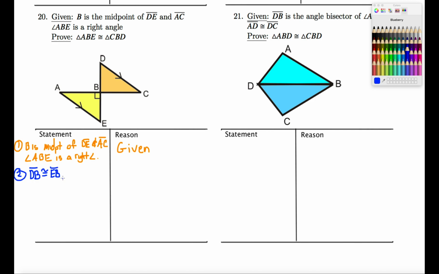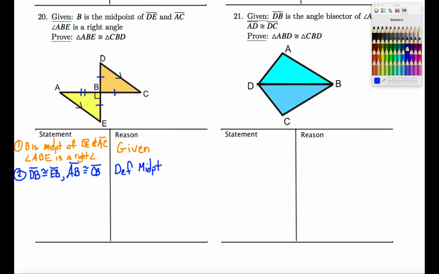We know that B is also the midpoint of AC, so doesn't that mean that AB is congruent to CB? Okay, so why is that? That's a definition of what? Midpoint. Singles on that one, doubles on this one.